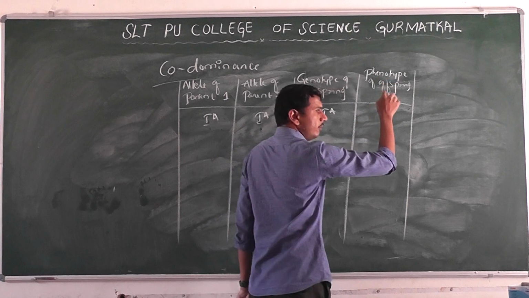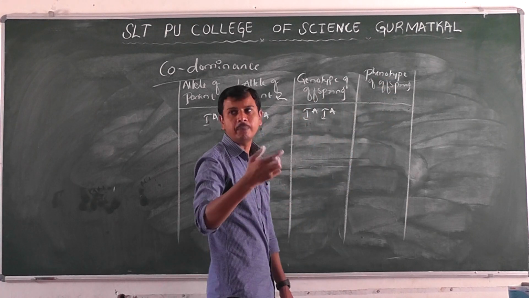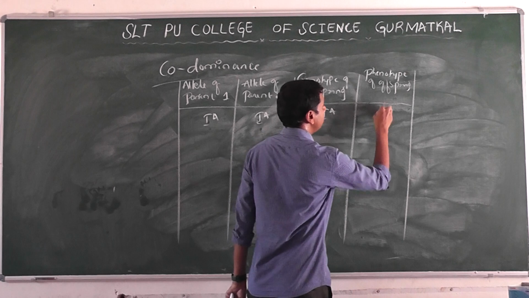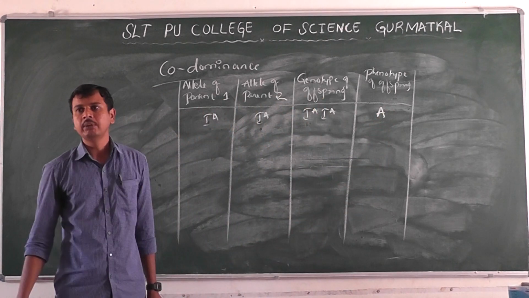So the phenotype, the blood group of the offspring, will be A.